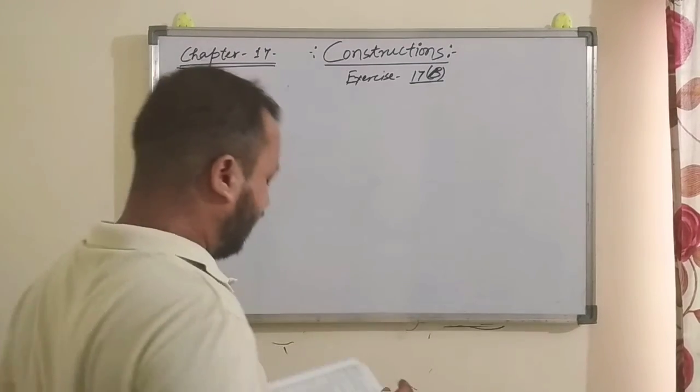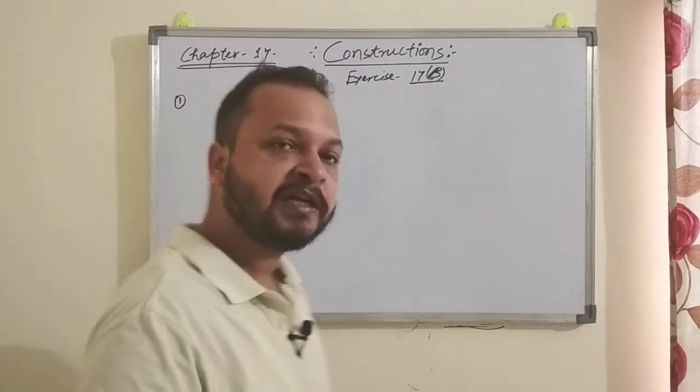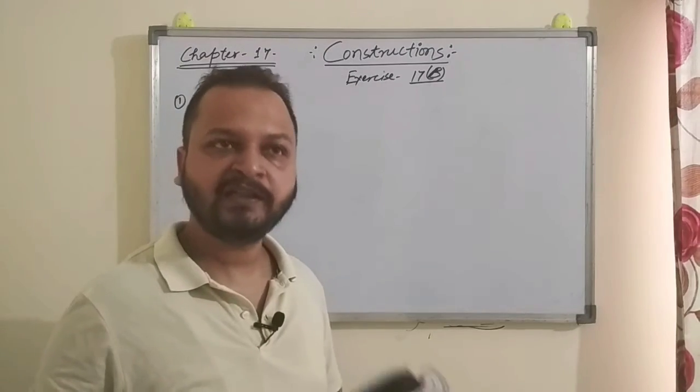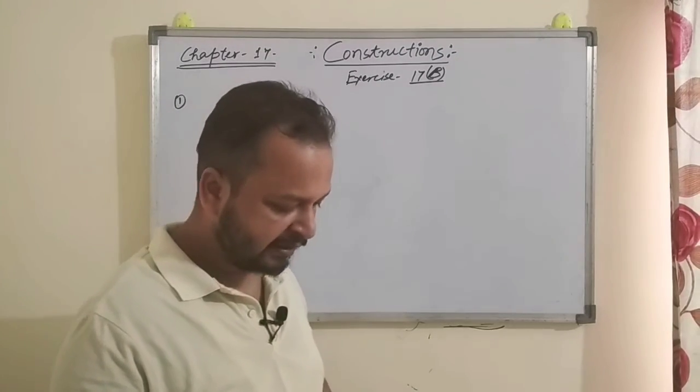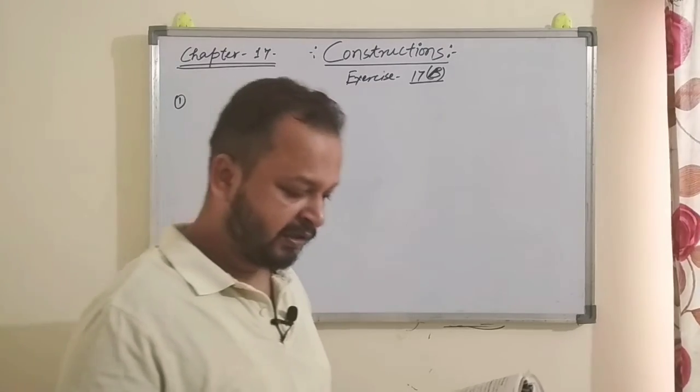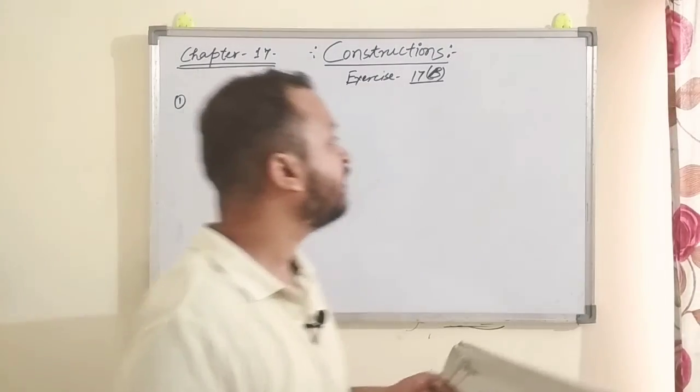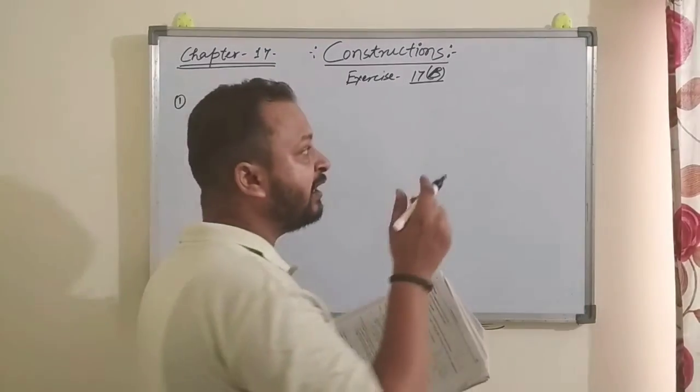First thing you have to understand is that while you are going to construct anything, any triangle or quadrilateral, here we are going to construct a triangle, first draw the rough sketch.